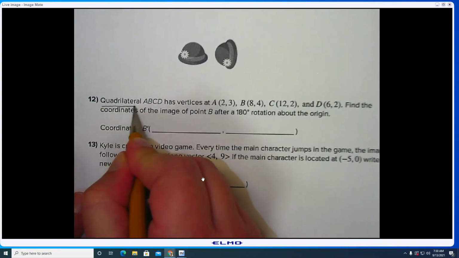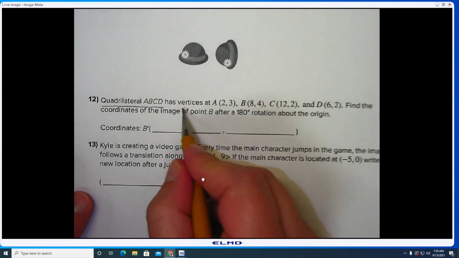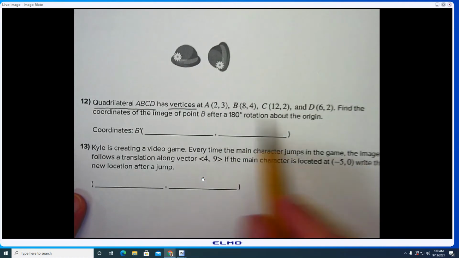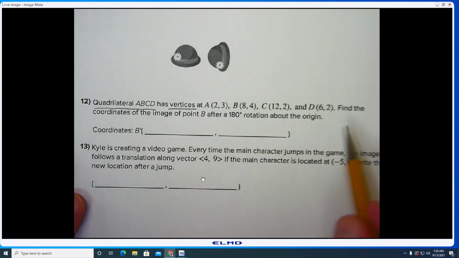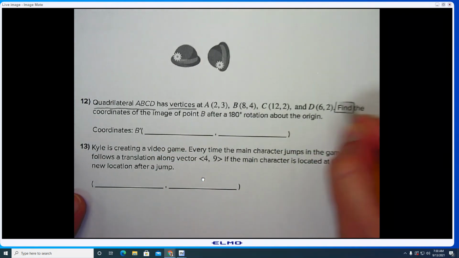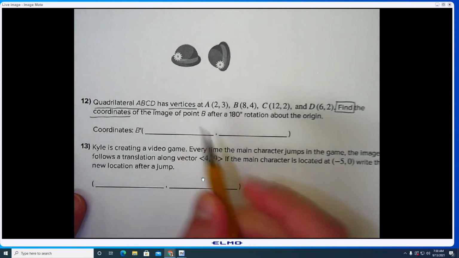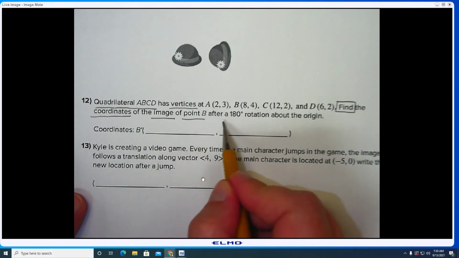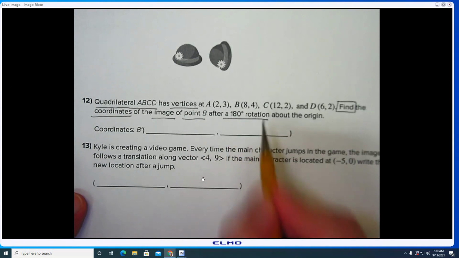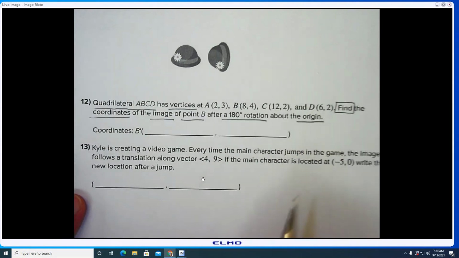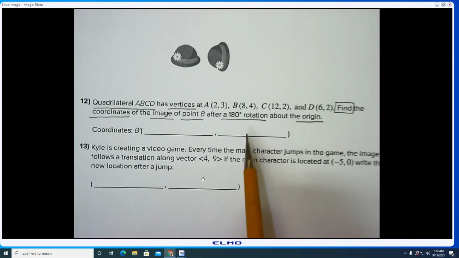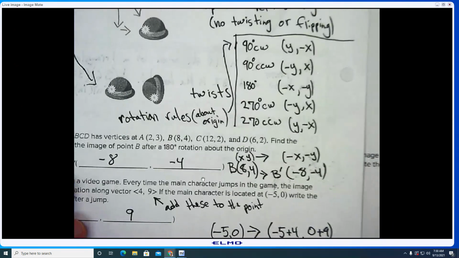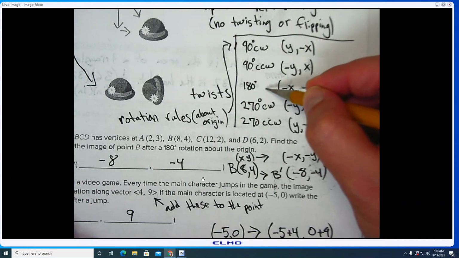Quadrilateral ABCD has corners, or vertices, at these 4 spots. Quadrilateral, 4. Then they're asking us to find the coordinates of the image of point B after a 180 rotation about the origin. All right, so a 180 rotation about the origin is one of our formulas. There it is right there.